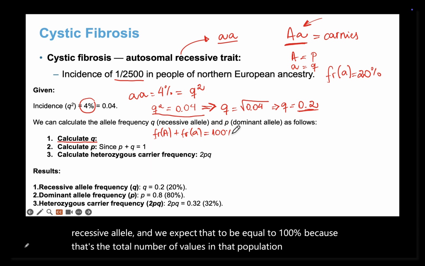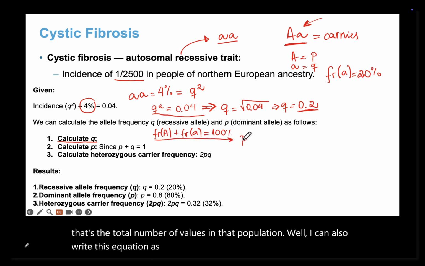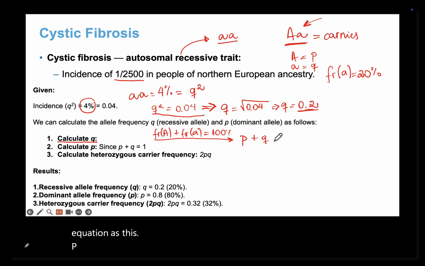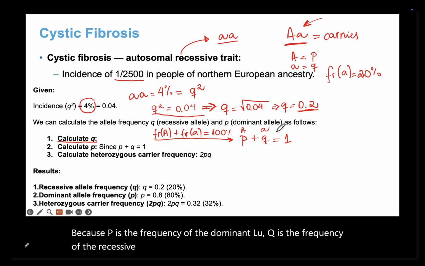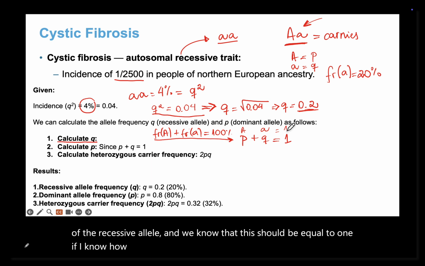Well, I can also write this equation as p plus q equals 1, because p is the frequency of the dominant allele, q is the frequency of the recessive allele, and we know that this should be equal to 1. If I know how much my q is, I can isolate p to find out what is the frequency of my dominant allele.